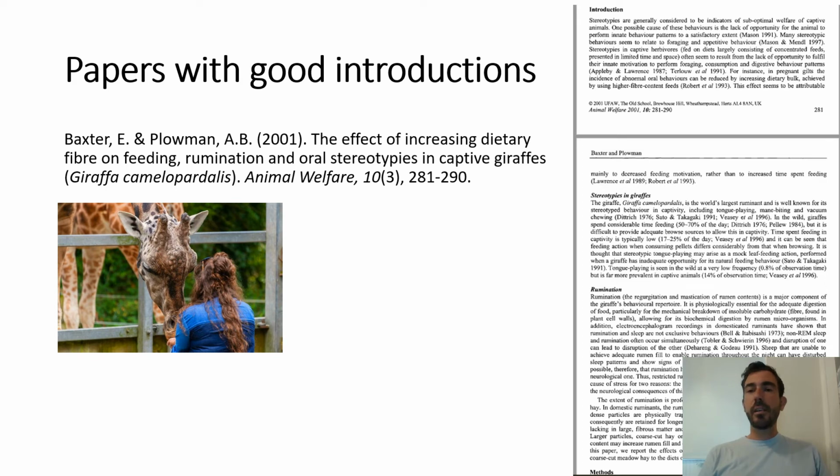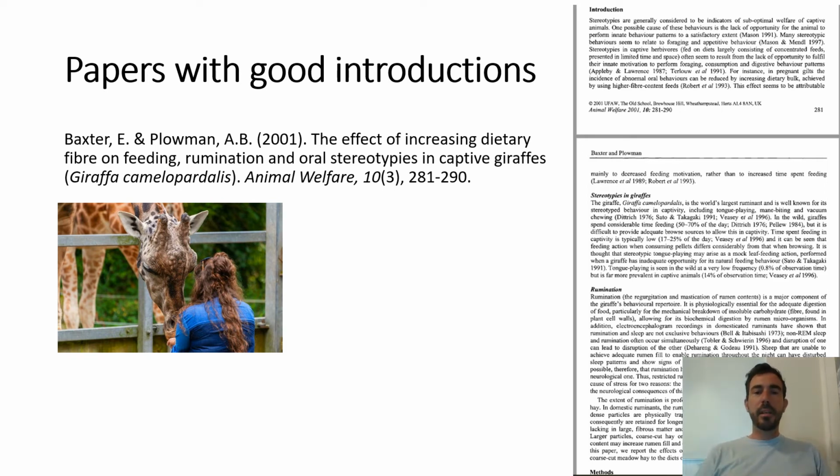I've taken a screen grab of the introduction here, but if you find the full text, you'll be able to read it more clearly. The reason why this is such a good introduction is because it starts broad, explaining the problems we see with abnormal repetitive behaviours in captive animals and the problems that we have with animal welfare.